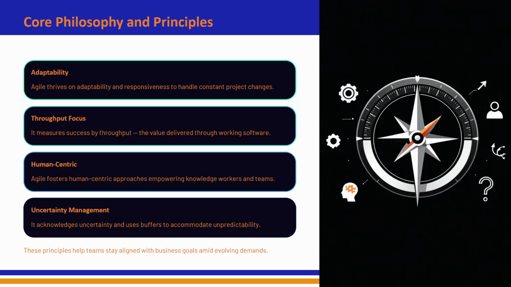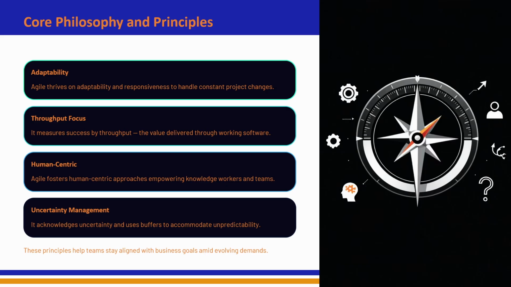And the next one is throughput focus. It measures success by throughput, the value delivered through working software. In Agile, success is not about how much work we started, but how much value we actually deliver. So instead of spending months on planning and documentation, Agile focuses on delivering working features regularly to the customer. Human centric.